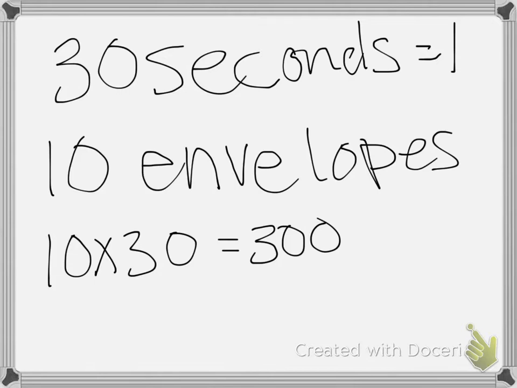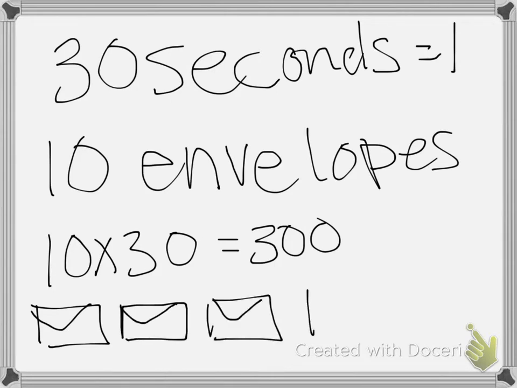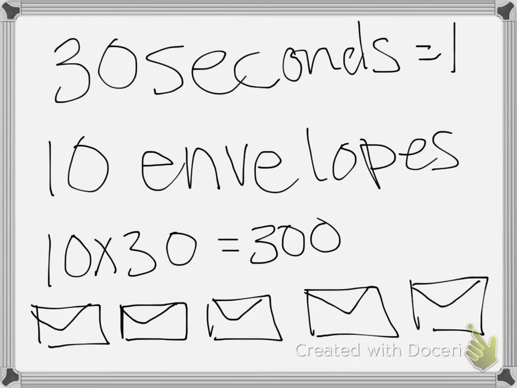Some of you might have drawn envelopes. 1, 2... So if I draw 5, and I know 30, 60, 90, 120, 150, and I need to multiply it by 2, that's 300.